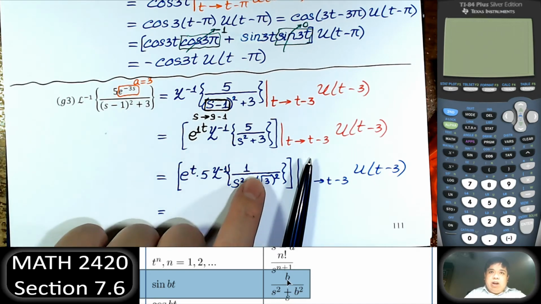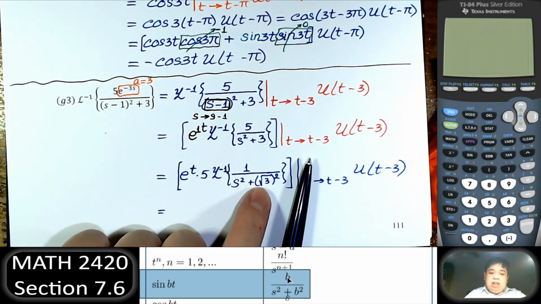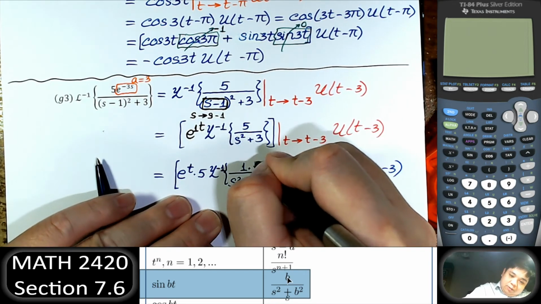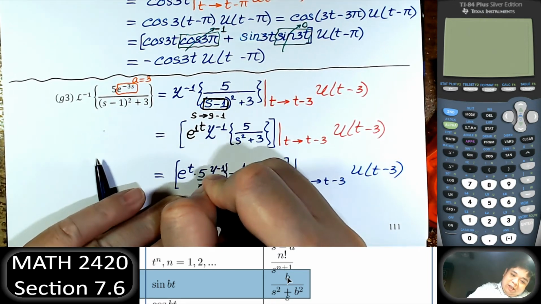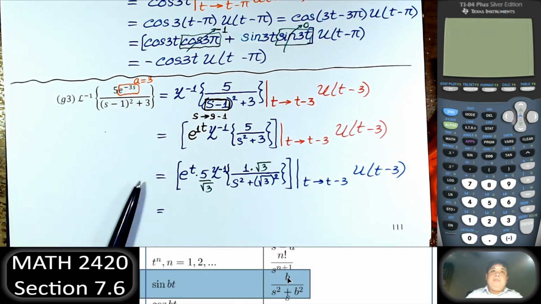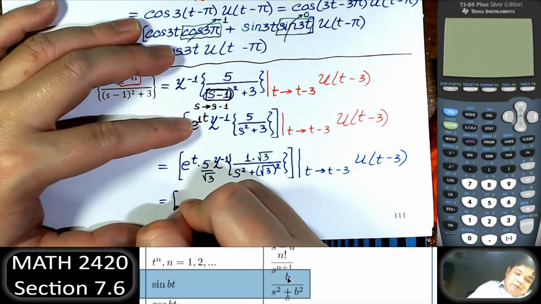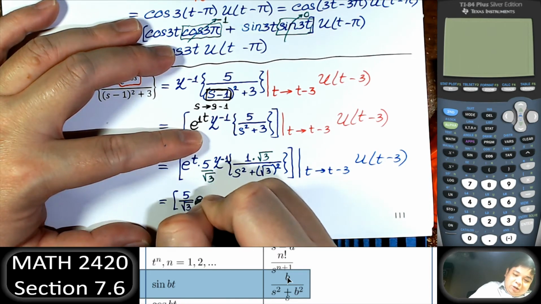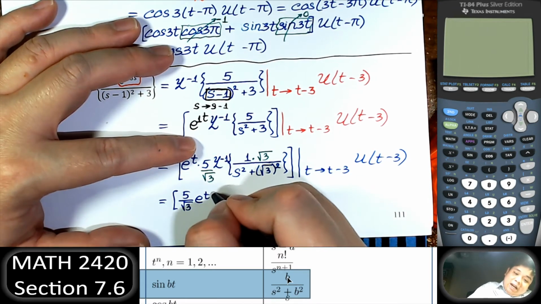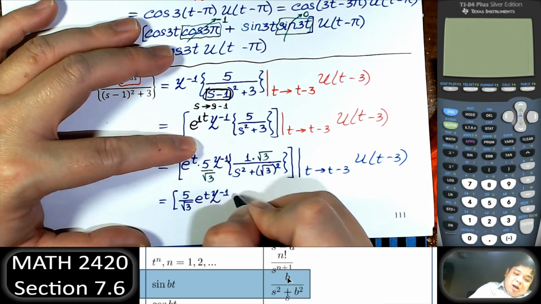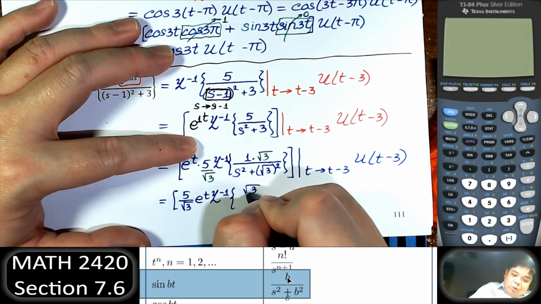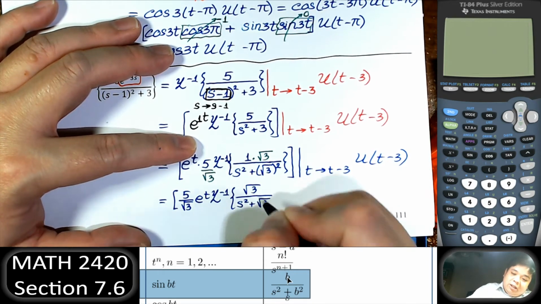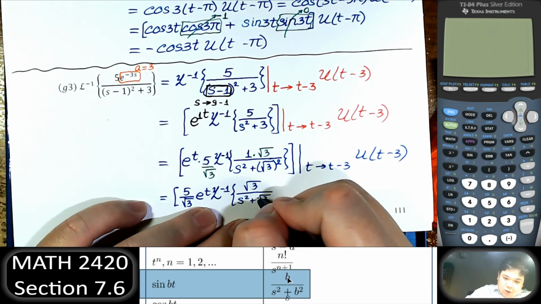So whatever number on the top must be equal to the same thing as this. So we need to have square root of 3 top and bottom. So we will have 5 over square root of 3 e to the t, and then inverse Laplace transform of square root of 3 over s squared plus square root of 3 square.